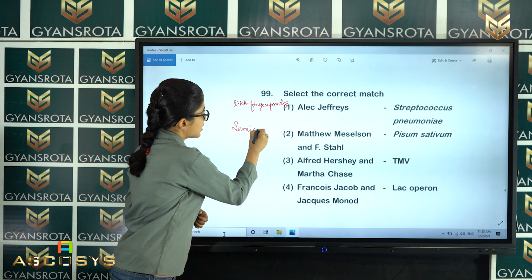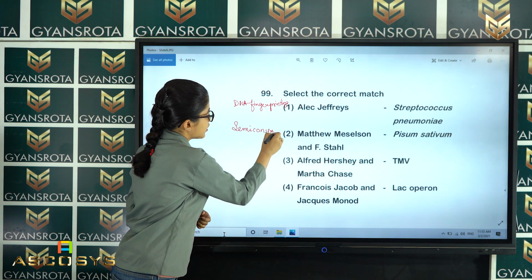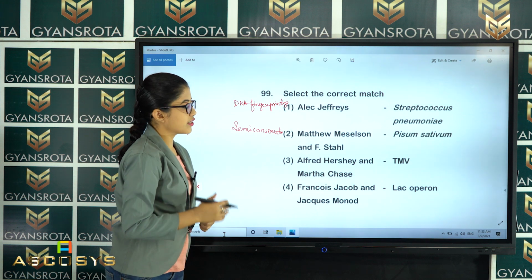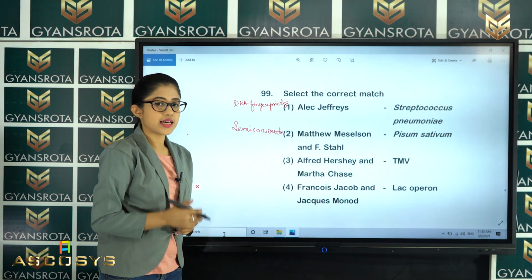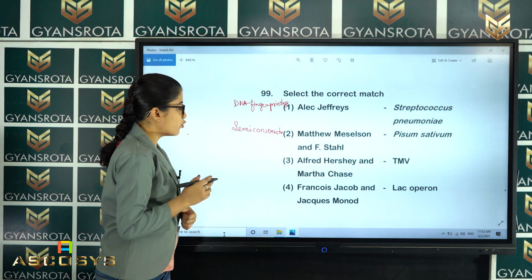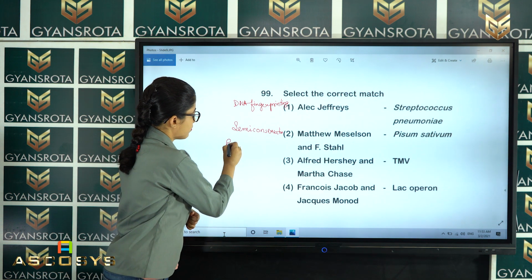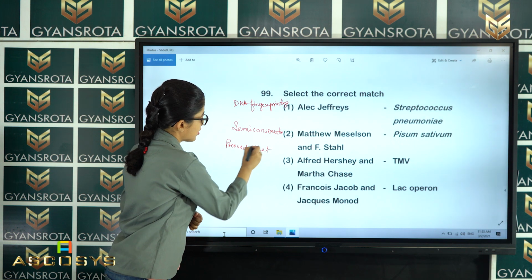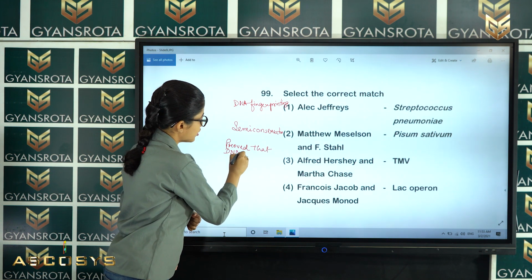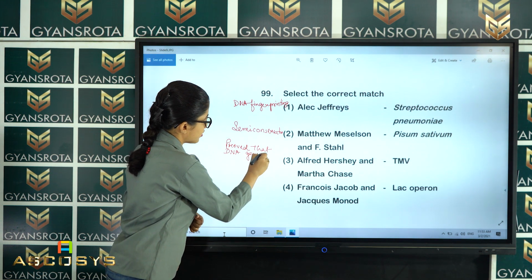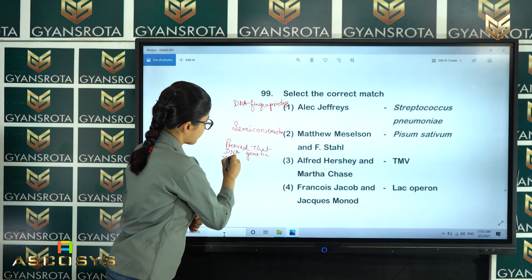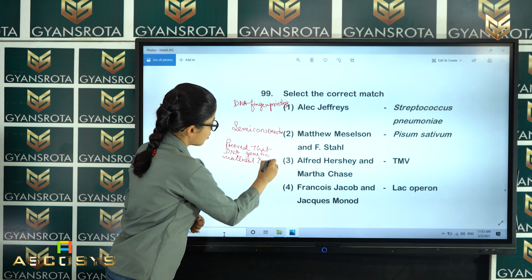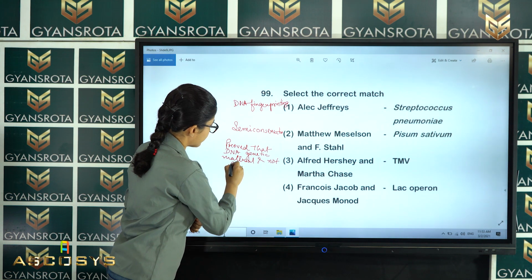So the semi-conservative nature of the DNA was discovered by them. And the next option is Alfred Hershey and Martha Chase, they proved that DNA is the genetic material and not the protein, right?